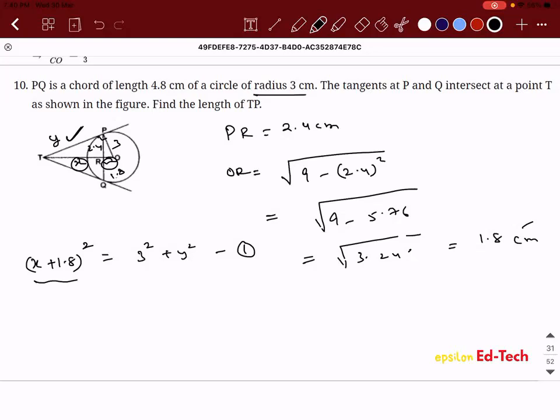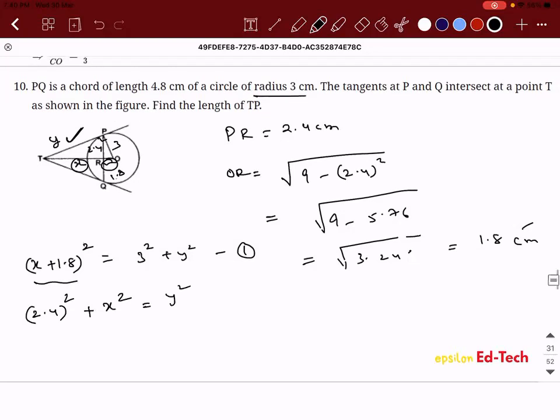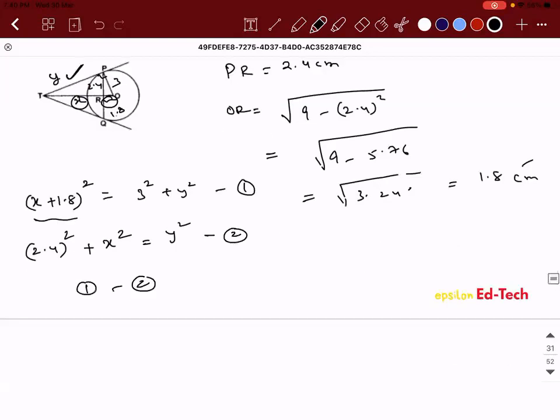Similarly, if I take PR square, that is 2.4 the whole square plus x square, that will be equal to y square. So what is the unwanted data? You need y, no? So eliminate x. For that, first find out x value by using 1 minus 2. I have x plus 1.8 the whole square minus 2.4 the whole square minus x square is equal to 3 square.